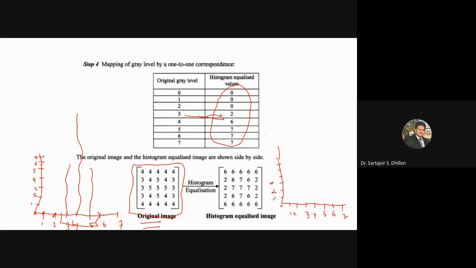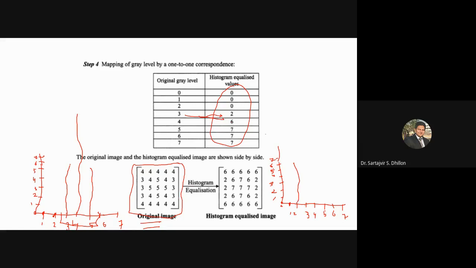Now you have to calculate how many pixels are there having the zero gray level? There is no one. So you can write it here, that is a zero. Again, there is no one. So how many twos are there? We have six twos.